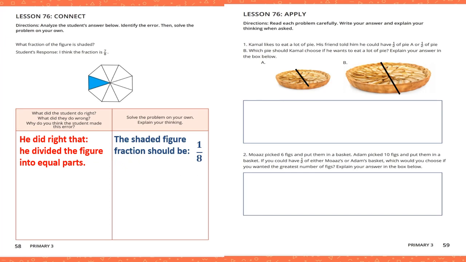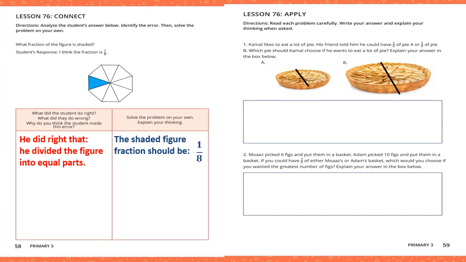Why? The shaded fraction should be 1/8. Why 1? Because we have only one colored part, so we write 1 as the numerator. And the total parts are 8. So the shaded figure fraction should be 1/8.